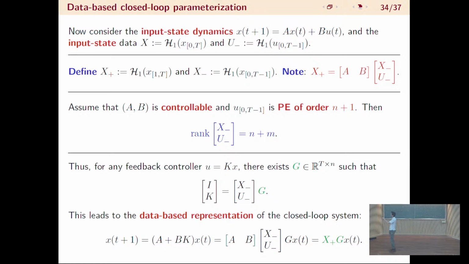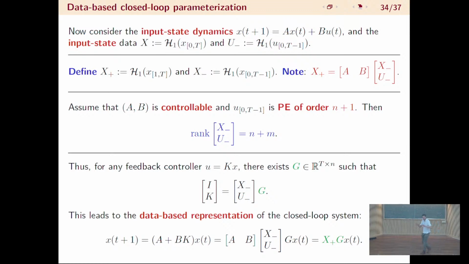But since [I over K] is related to the data in this matrix G, I can plug that in here. And you see that indeed x(t+1) is X plus times G times x(t). This is what they call a data-based representation of the closed-loop system, because the closed-loop system matrix in this case is just X plus times G. So it depends on the data, X plus, and this design parameter G that we can still tune.